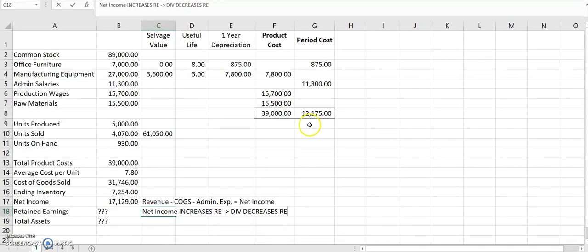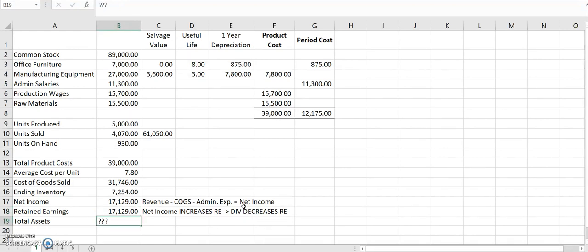We don't have any dividends, so we're not really too concerned about that. But our net income is going to increase our retained earnings. We're a new company, so we didn't have a balance at the beginning of the year. So our ending retained earnings is in essence the same as our net income because we're a first-year company. Only because we're a first-year company.